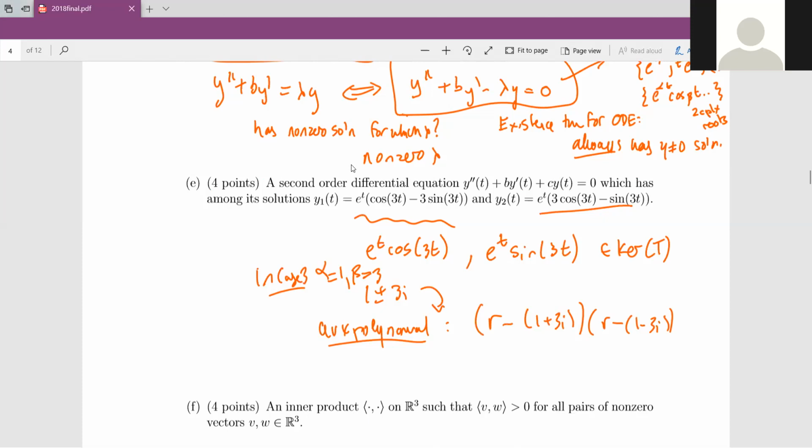Yeah. Okay. So then you have to do some calculation, right? Here you just get minus 2r, and now you get the product, which is 1 plus 9, so you just get 10.